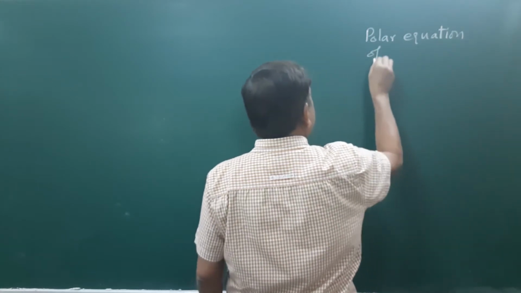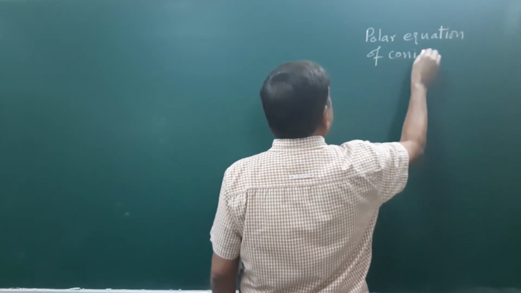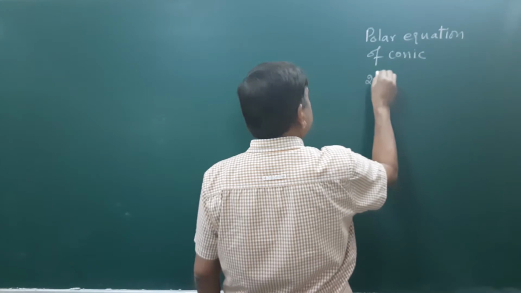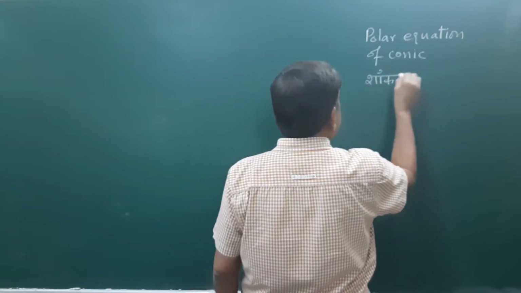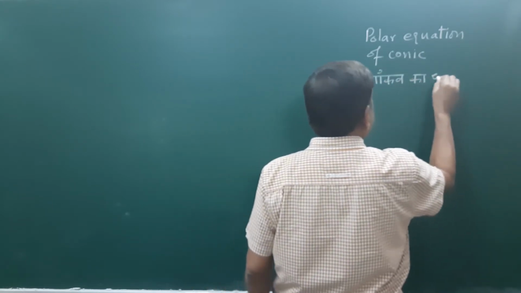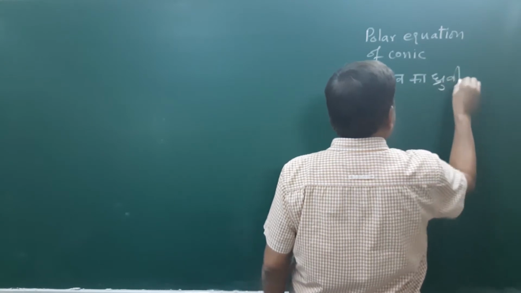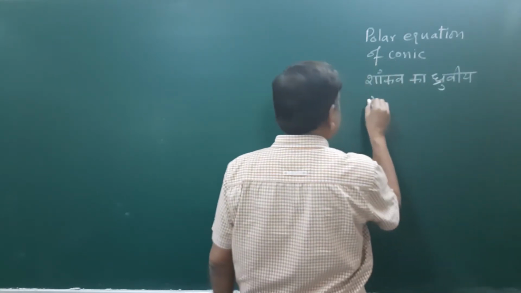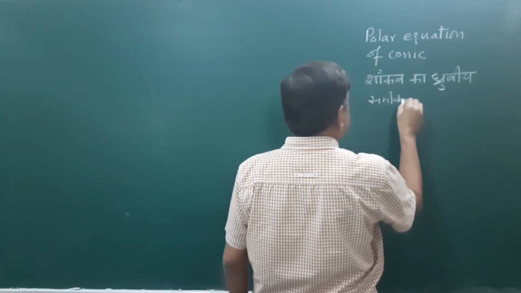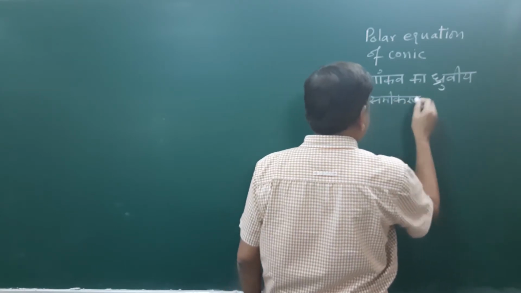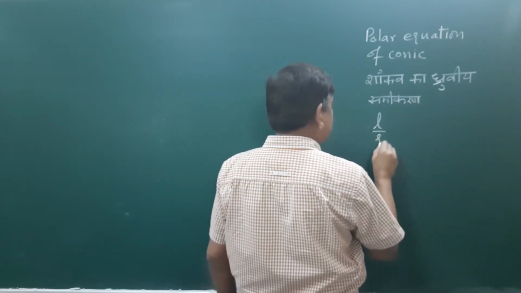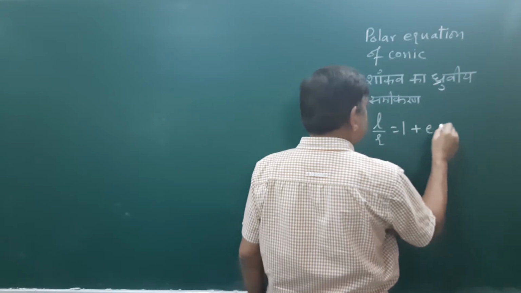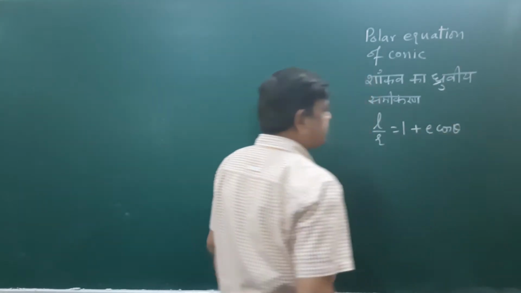Polar equation of a conic: L upon R equals 1 plus E cos theta.